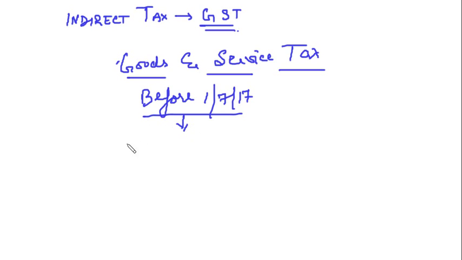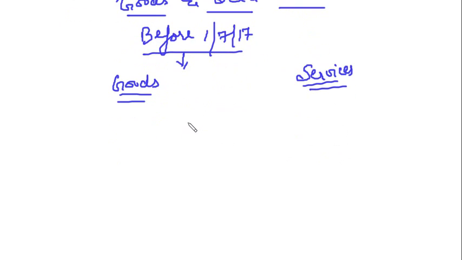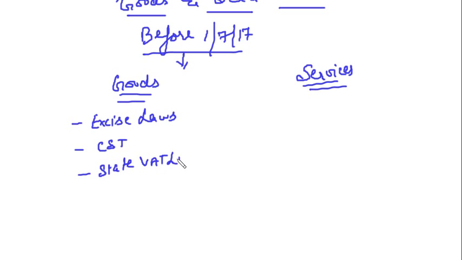Now, before 1st of July, these two terms were being treated separately. Goods were being treated separately and services being treated separately. There were separate laws for goods and there were separate laws for services. Like for the goods, there were excise laws, right? There were CST, state VAT laws, right? And likewise many other laws for the goods.